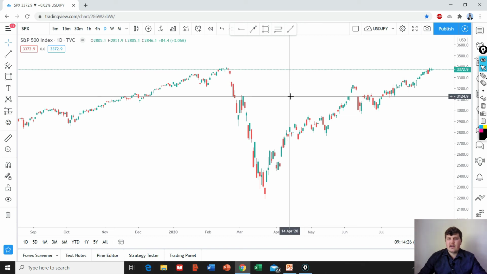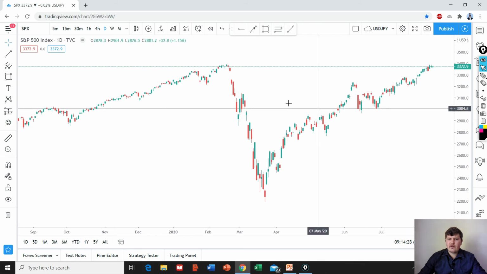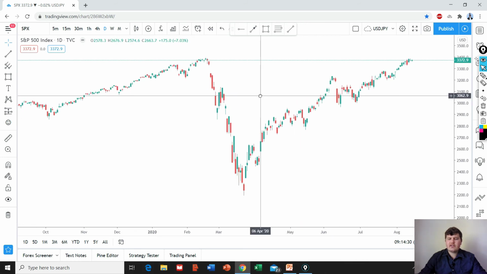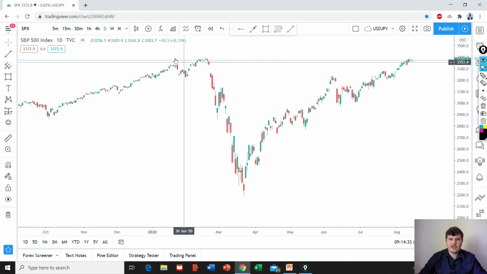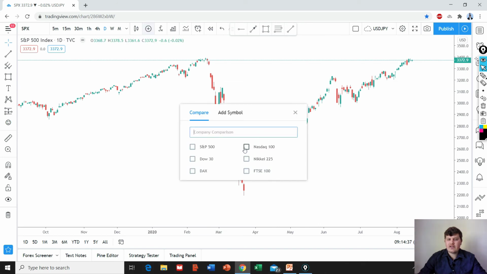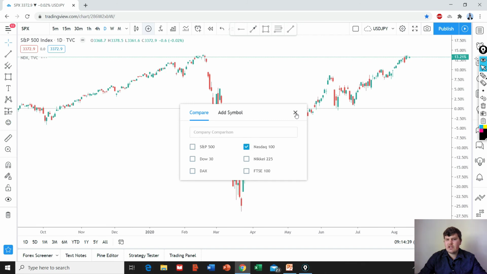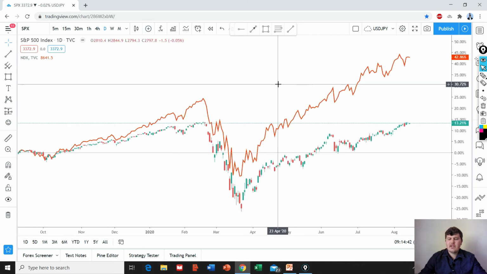And to give you guys an indication of another good index for the US stock market, we are going to compare the NASDAQ with the S&P 500. Now, the NASDAQ 100 is an index that tracks the 100 largest tech companies in America, for example, Facebook, Apple, LinkedIn, Microsoft, all of those big tech companies.